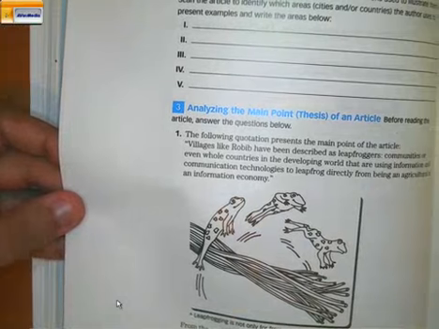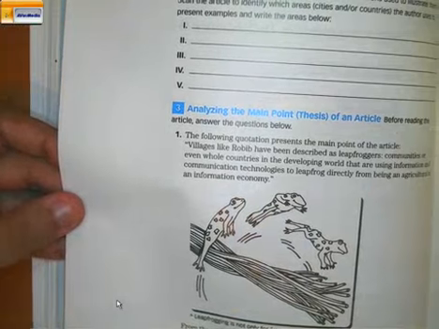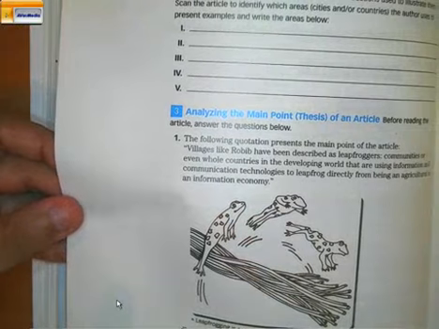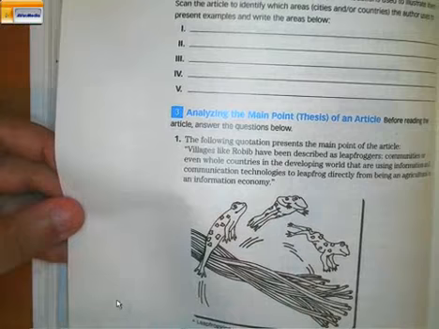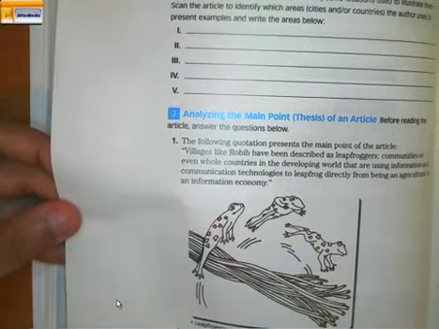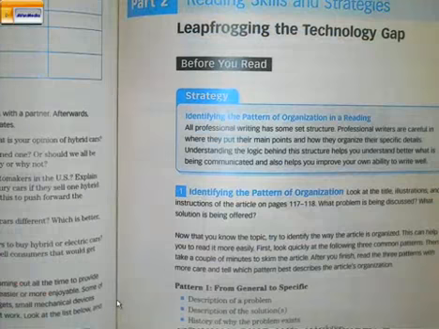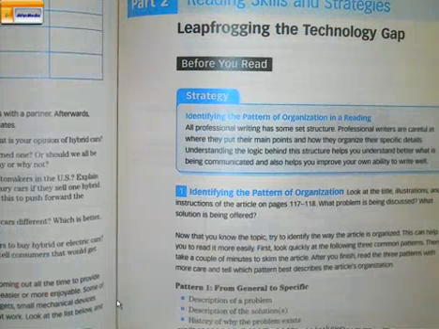So, what does it mean from the picture? To leapfrog is to jump over something. If you jump over something, jump from one place to another, this is leapfrogging. So we understand now the title, that leapfrogging is jumping from one place to another.